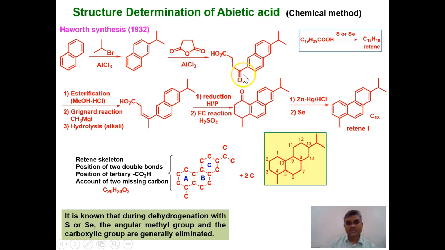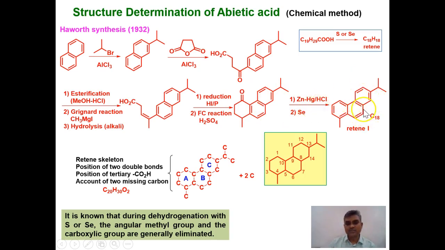This keto acid is esterified, and then treated with only one equivalent of methyl magnesium bromide. It will introduce the methyl group that we require at the end. Later on, upon hydrolysis the CO2H group will be free. The double bond is reduced, and then another Friedel-Crafts reaction occurs. We get a tetralone derivative. The tetralone derivative is subjected to Clemmensen reduction, and we get a retene molecule.